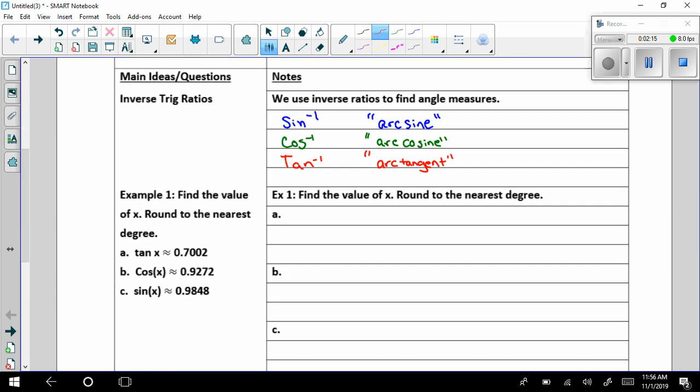Okay. So mathematically, a lot of it is the same, as far as you do a lot of ratios and calculator work. So for example, if we have the tangent of x is approximately 0.7002. We're going to round all these to the nearest degree most of the time, sometimes tenth, but most of the time when we're talking about angles in a triangle, we'll just round to a degree.